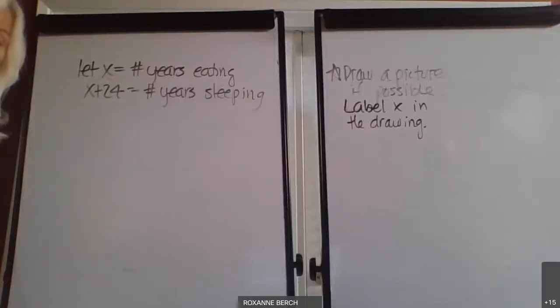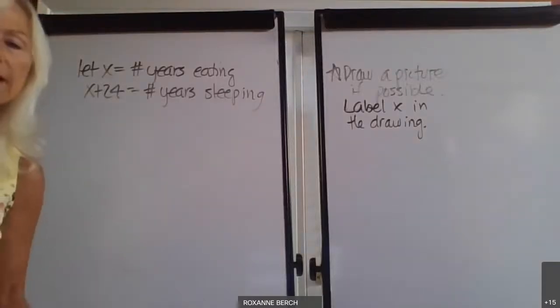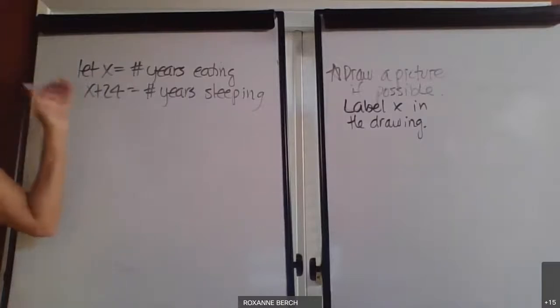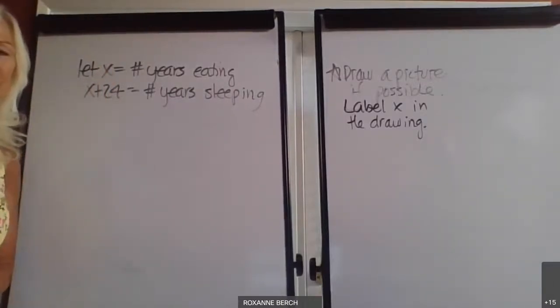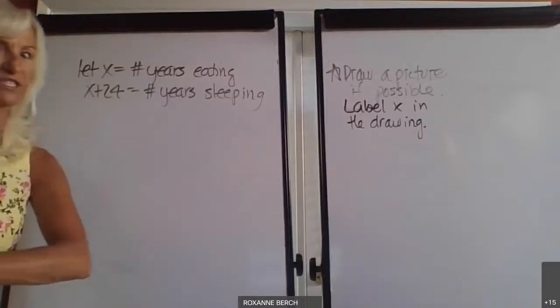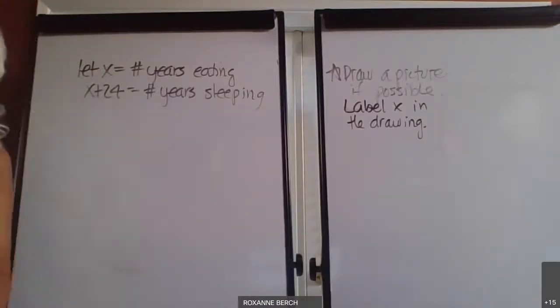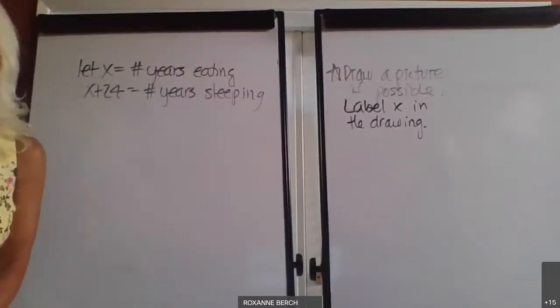Okay, are you guys with me? This is where I made my mistake: I didn't describe this in terms of X. I threw in another variable, which is not a good idea. That's why I could never get the right answers.